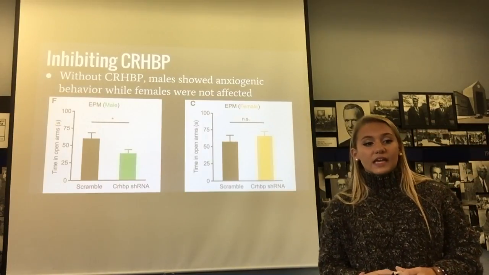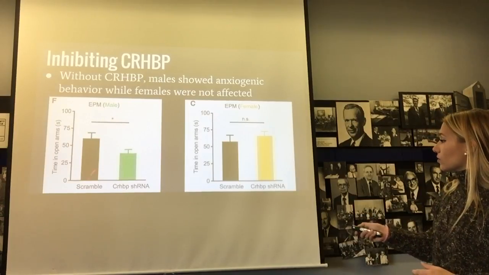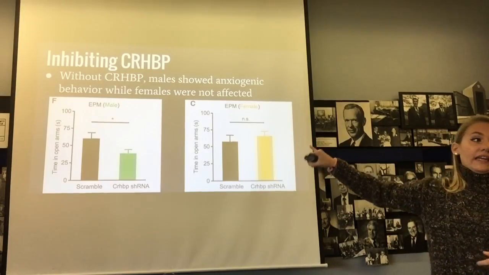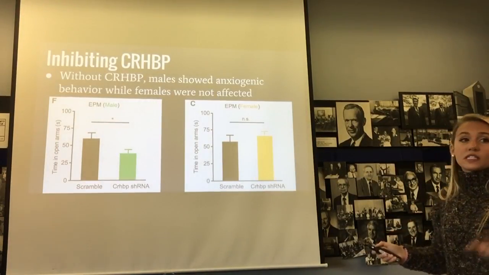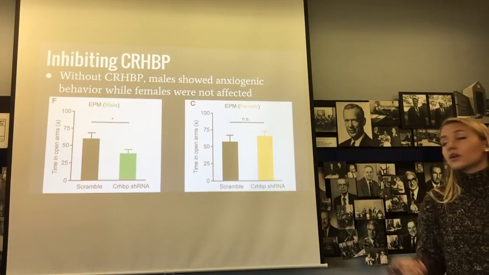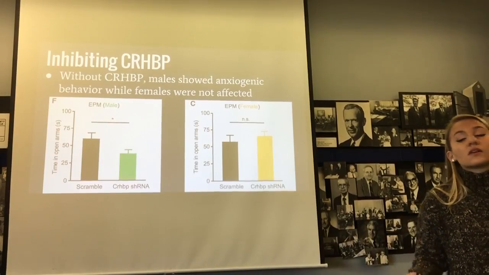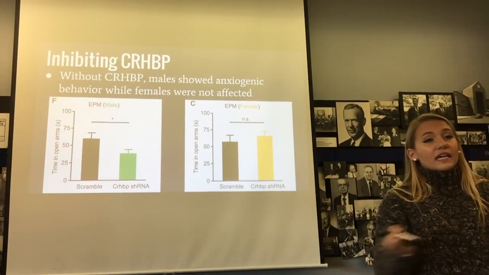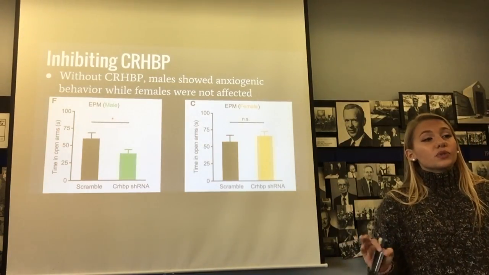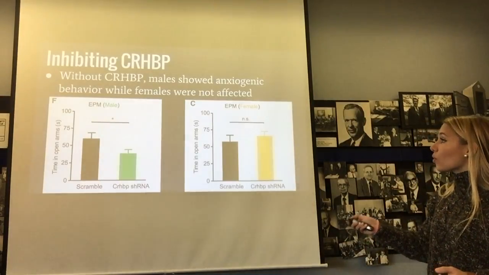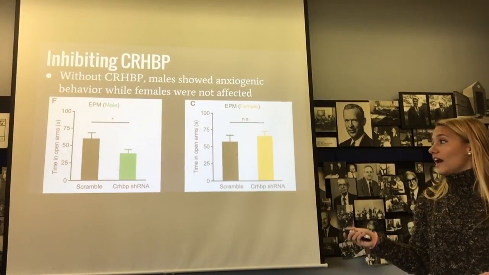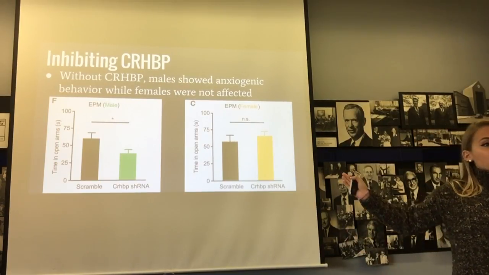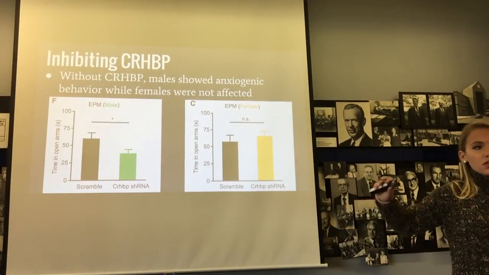So these black lines are the control, and this is once again an anxiety study, so the more time that's spent in the open arms, the less stress they have. So the lower the bar, the more the stress. And what we found out is that when CRHBP is knocked out and it cannot bind to the CRH, there is more anxiety in males. They have more anxiety behavior and do not go in these open arms. Meanwhile, in females, their anxiety behavior is not changed.